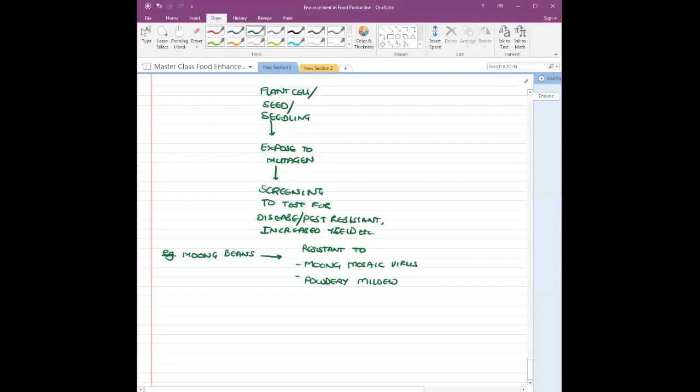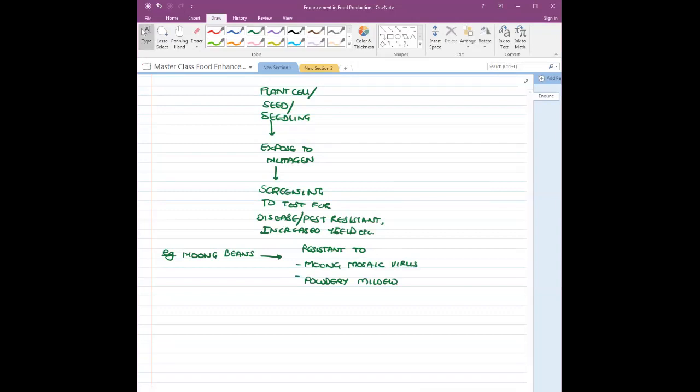Moong mosaic virus and powdery mildew. In powdery mildew, once again, it is just like your rust kind of thing. These beans immediately start showing pitting, and then they start being powdery, flaky. That is what is going to happen, guys.